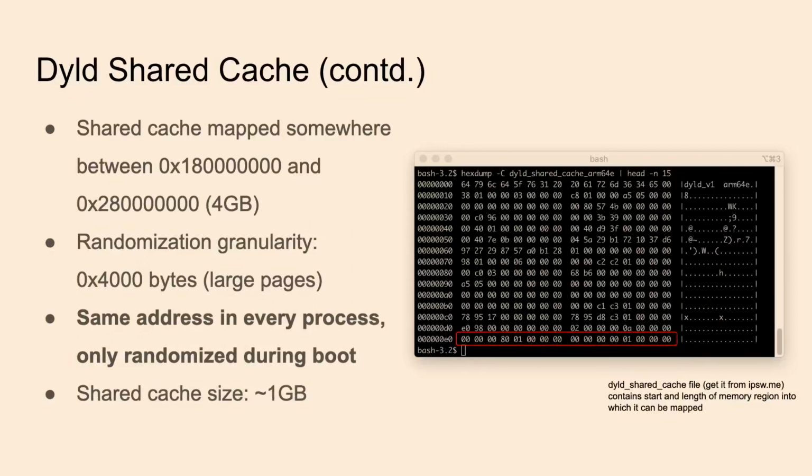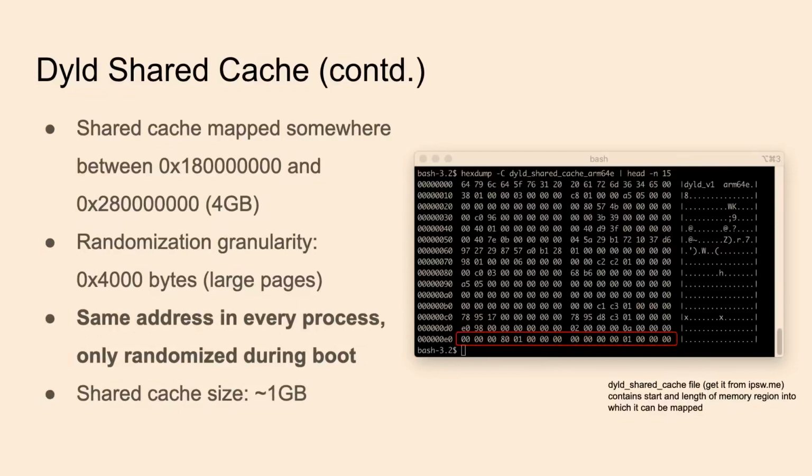So it can only randomize with page granularity, and that page granularity is hex 4000. But really what's most interesting is that on the same device, the DYLD shared cache is only randomized once per boot.